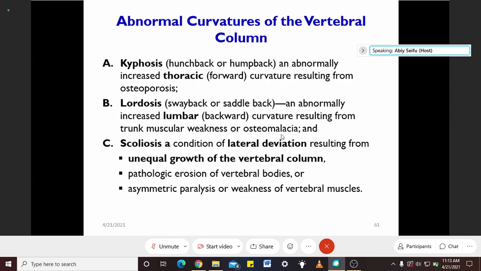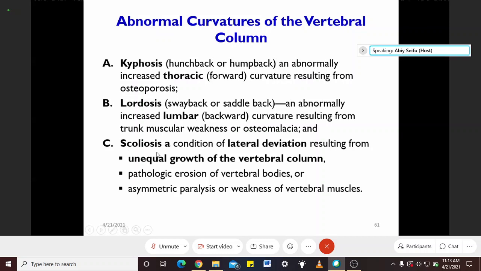Most of the time, these conditions occur due to weakness of the muscles, as well as osteomalacia of the bone, where the bones do not accumulate enough mineral. If the bones are somewhat soft and not strong enough, lordosis may develop.